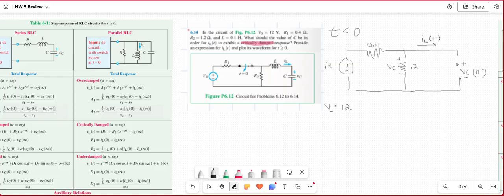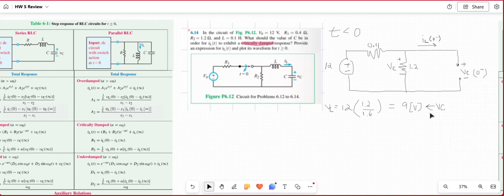VC equals 12 times 1.2 over 1.6, and that's 9 volts for VC of 0 minus.